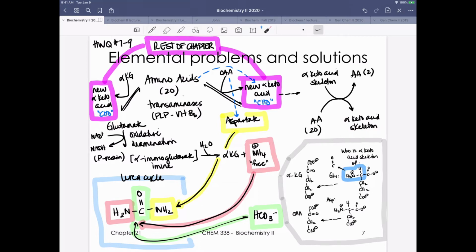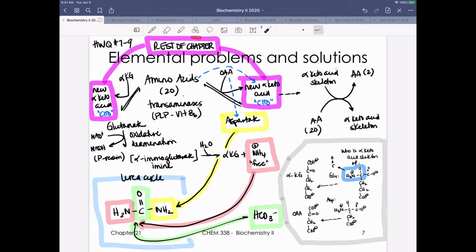But at the start, I just want you to understand the concept: even though there are 20 amino acids, it's 18 of the other ones that give up their amino group either to alpha ketoglutarate to become glutamate or to oxaloacetate to become aspartate. That chemistry is called transaminase chemistry. The enzymes are transaminases, and they require vitamin B6. We learned vitamin B6 as PLP. This is why we need vitamin B6 to do this transaminase chemistry.